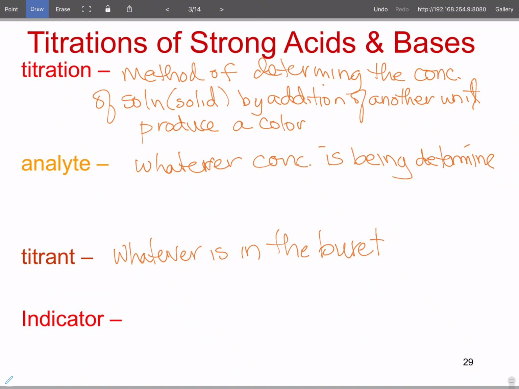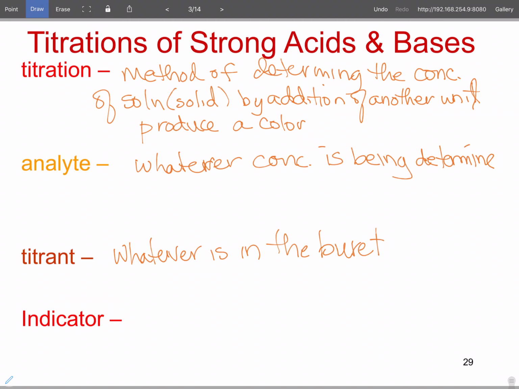Most of the time, the analyte is what you're adding to, and the titrant is what's in the burette. Occasionally, the known can be in the solution that you're titrating, and the unknown is in the burette. It can vary. As long as you know one of them, you can determine the other one.